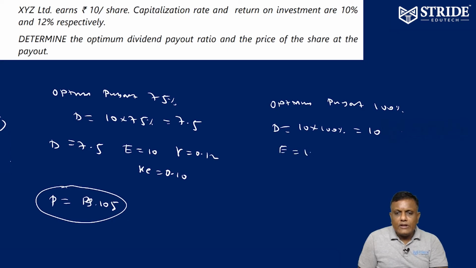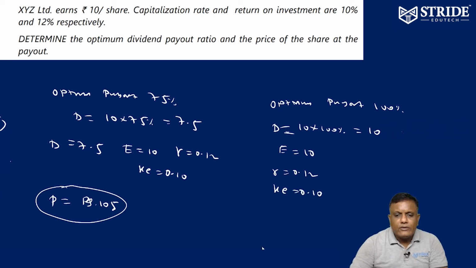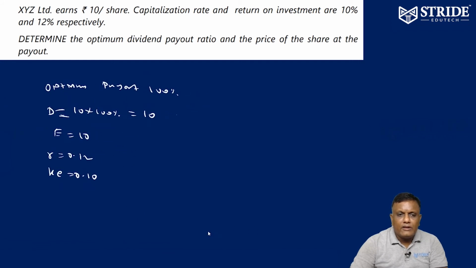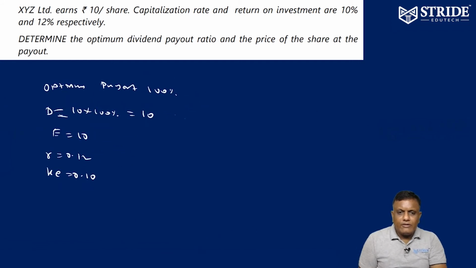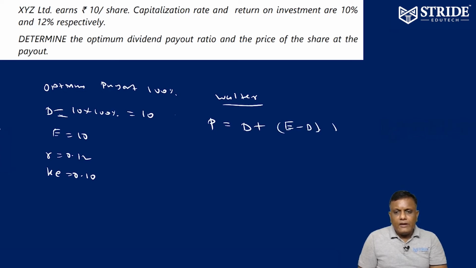E is 10, R is 0.12, KE is 0.10. So we can apply this in the Walter formula: P is equivalent to D plus (E minus D) into R by KE.